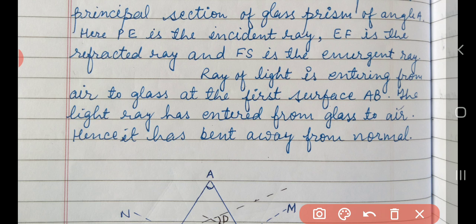Here we are going to discuss the refraction by a glass prism. Suppose we take a cardboard with a white paper and keep the triangular base of the prism on it.